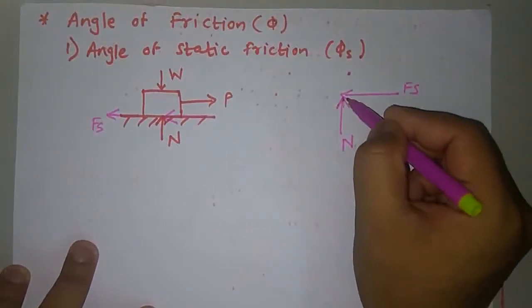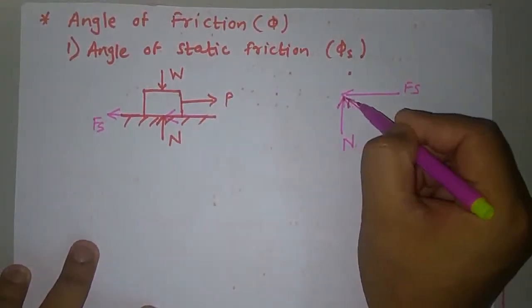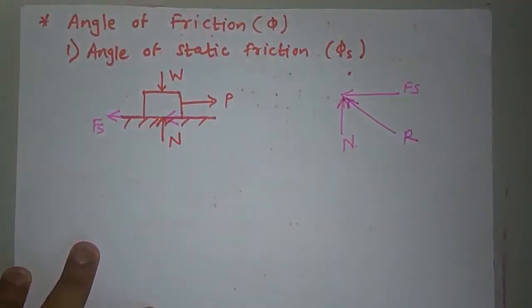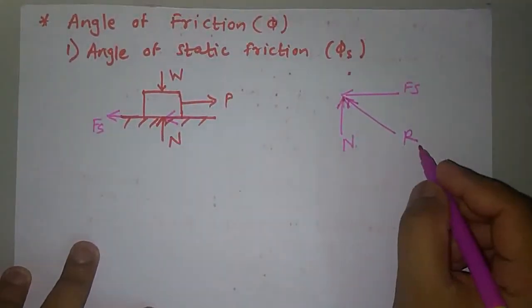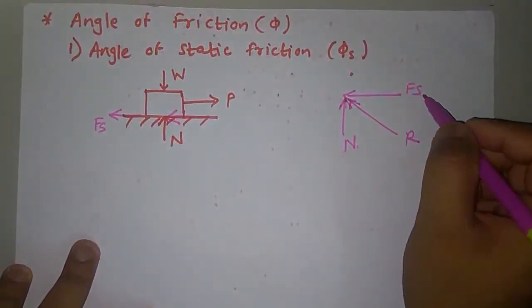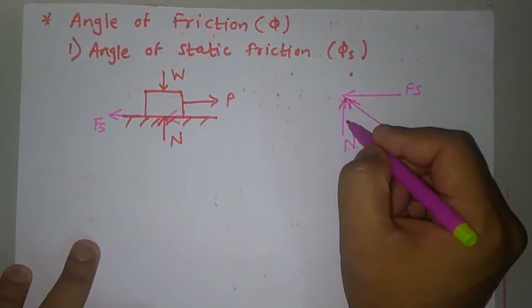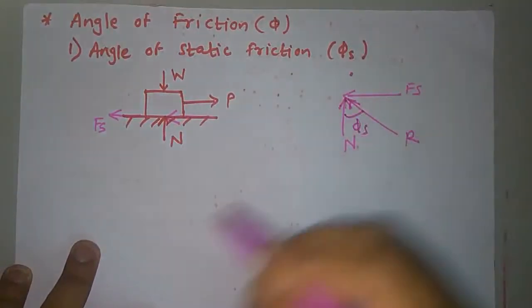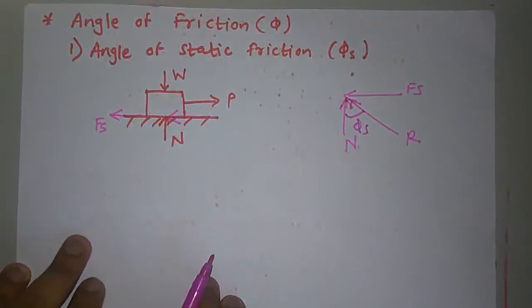The resultant of these two forces we call the resultant reaction, that is R. This is normal reaction, this is resultant reaction, this is static friction. The angle between normal and resultant is known as the angle of static friction.